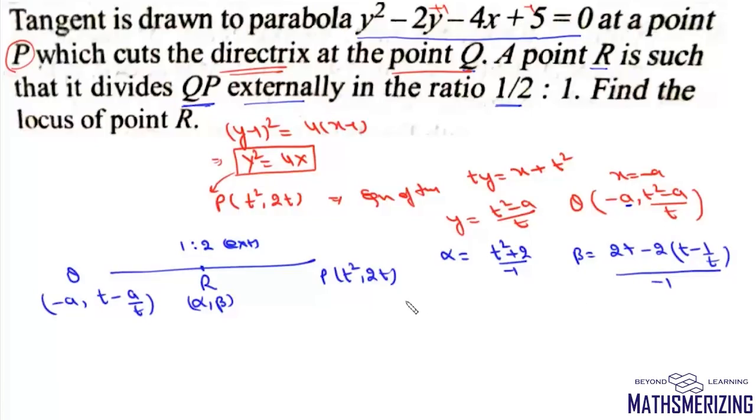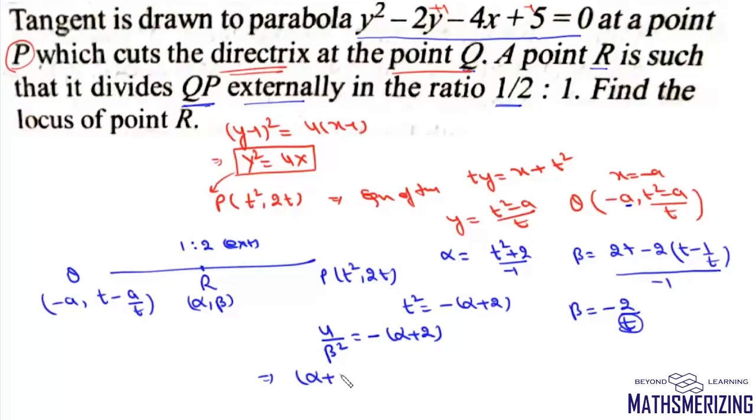So here we can write t square equals minus alpha plus 2, and here 2t and 2t will cancel. So I'll get beta equals minus 2 upon t. So we'll eliminate t, and we'll get 4 upon beta square equals minus alpha plus 2.